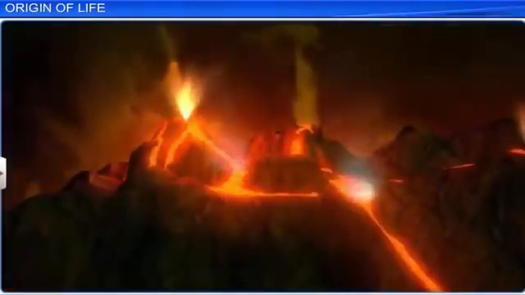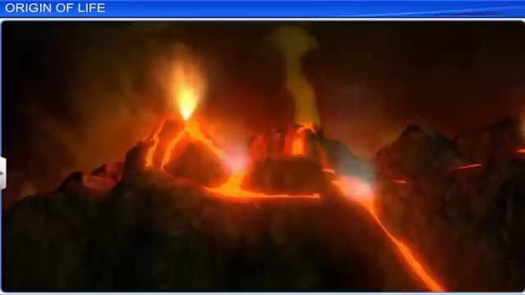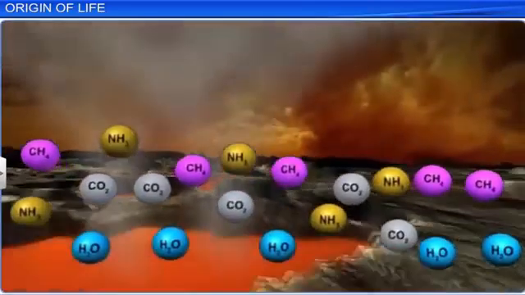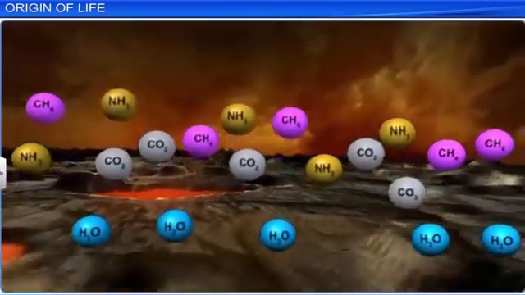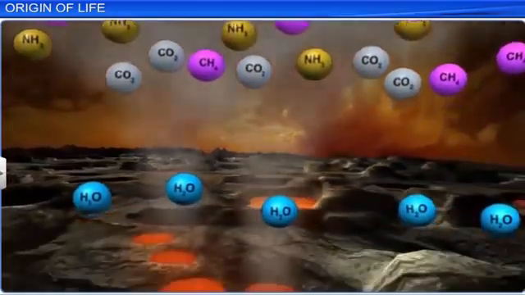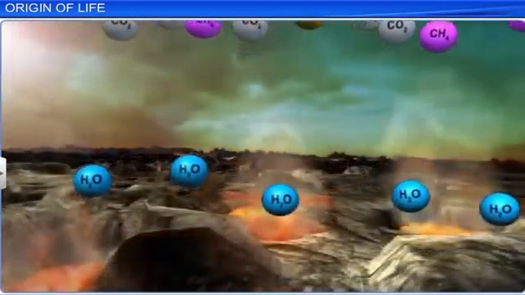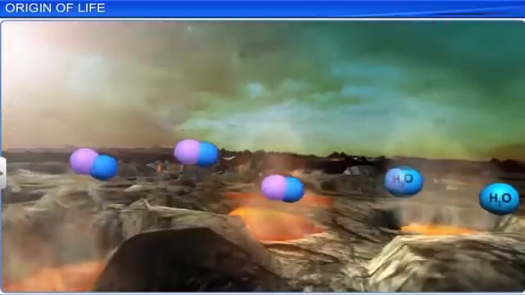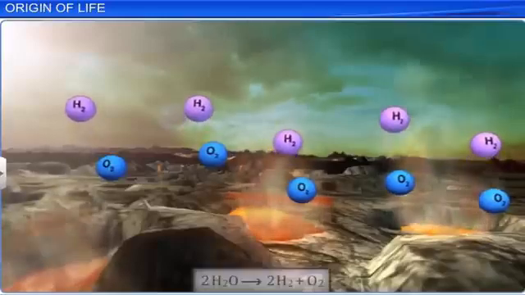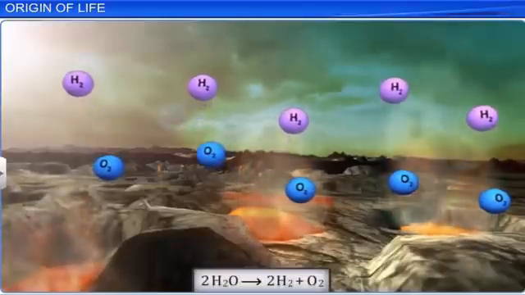At the time of its formation, there was no atmosphere on the Earth. Its surface was covered by water vapor, methane, carbon dioxide, and ammonia released from the molten mass. Gradually, the ultraviolet rays of the sun broke up the water, which was in vapor state, into hydrogen and oxygen.